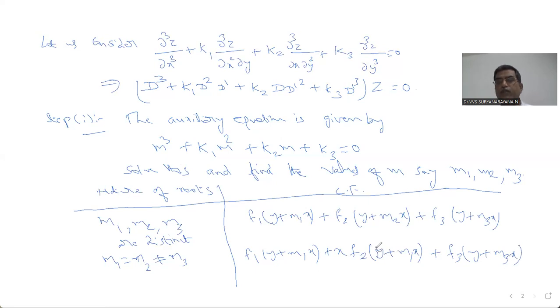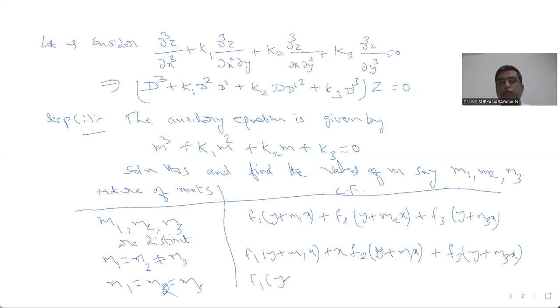Okay. Now, if all the three m1, m2, m3 are equal, then in place of m3 also write m1 and multiply with x².